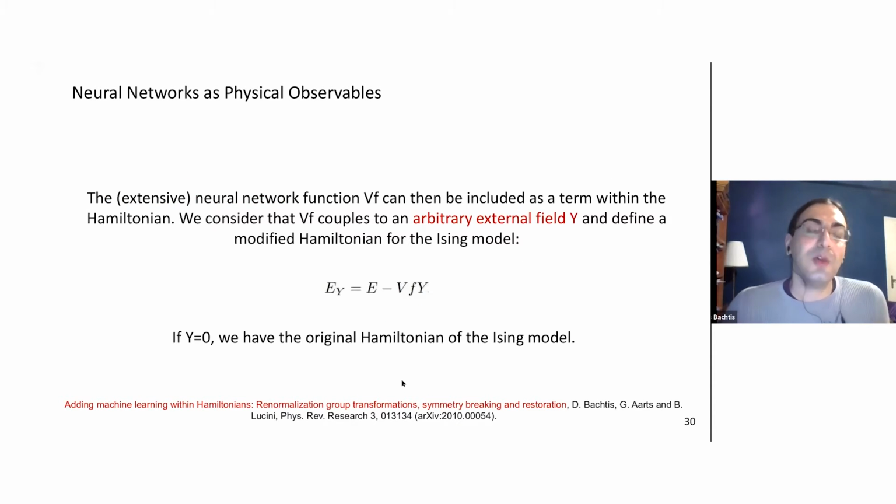Now we can include this neural network function as a term within the Hamiltonian. Specifically, we consider that the neural network function couples to an arbitrary fictitious external field, and we define this modified Hamiltonian for the Ising model. If this neural network field is equal to 0, then we have the original Hamiltonian of the system, and we therefore haven't changed anything.